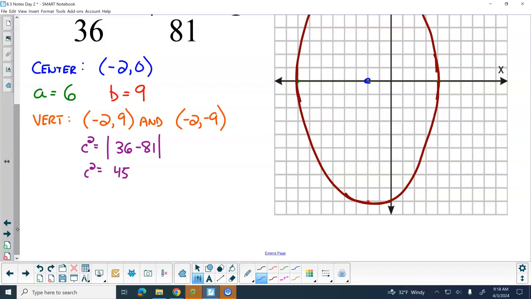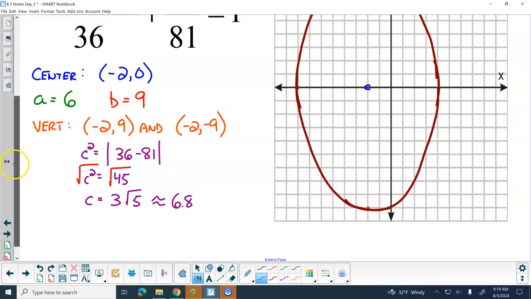So what is my c then? Three square root of 5. And that is approximately how much? I go 6.8, because it's between 36 and 49, and it's a lot closer to 49.